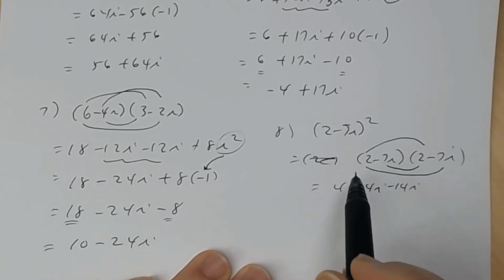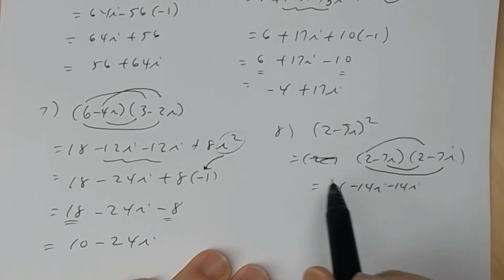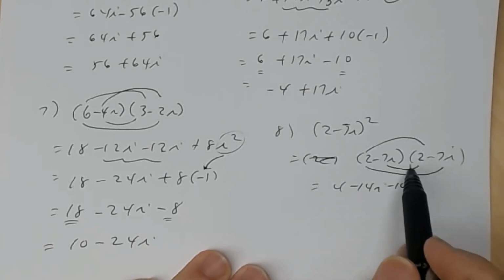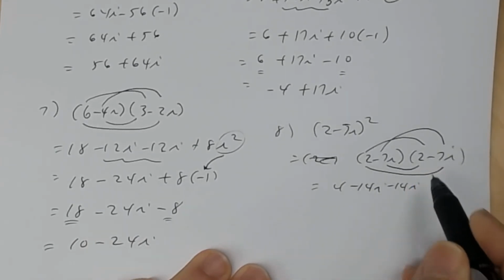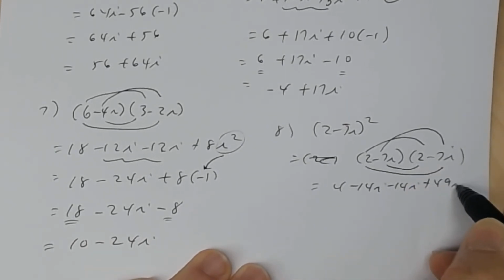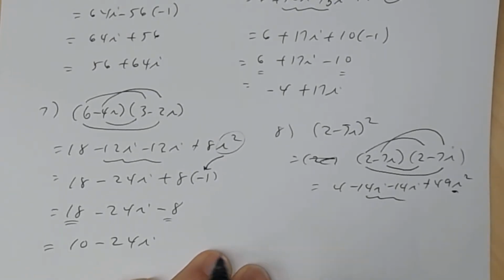And remember, just like you did with polynomials, when you square a binomial and use the FOIL method, the outer and the inner should be identical. And then a negative 7i times a negative 7i is a positive 49i squared. All right, combine like terms and replace the i squared.